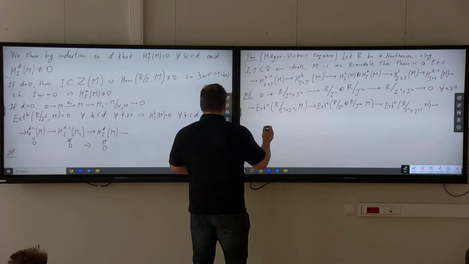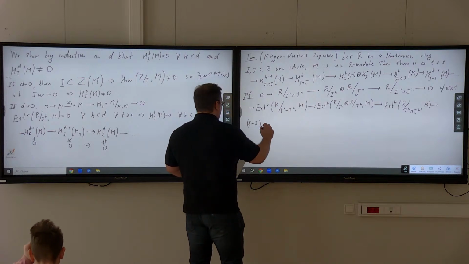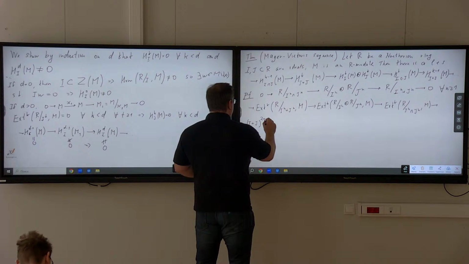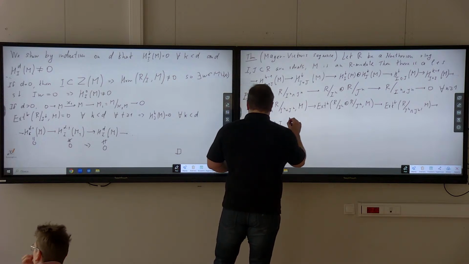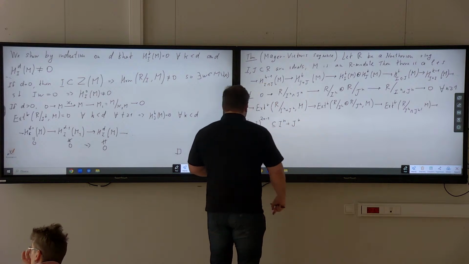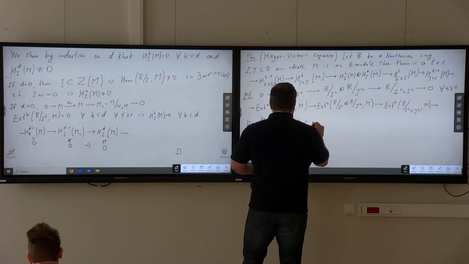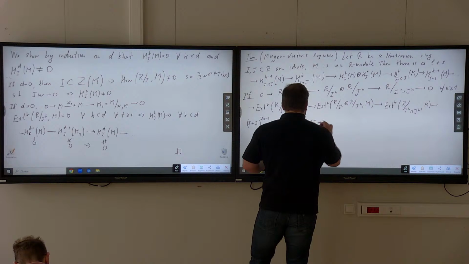Well, first of all, we can notice by the binomial formula that if I take the sum of these two ideals, I plus J, and raise this to the power 2n minus 1, then this sits inside I to the n plus J to the n, which again clearly sits inside the I plus J raised to the n.